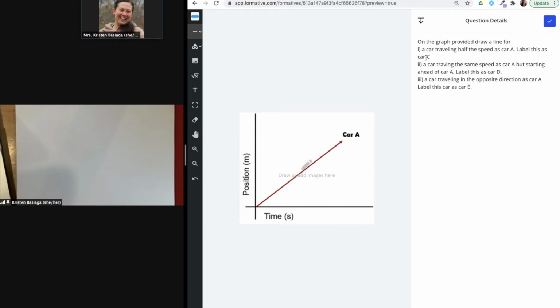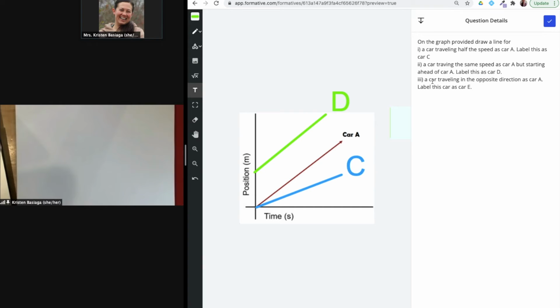Car C has half the speed as A, so it should travel half of the distance in the same amount of time. So that's my car C. Next, car D has the same speed as A, but starts ahead of A. So I'm trying to draw a line that's parallel to A to indicate the same speed, but starting from a greater position, higher on the y-axis.